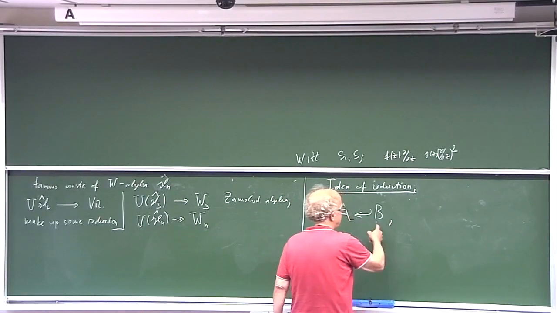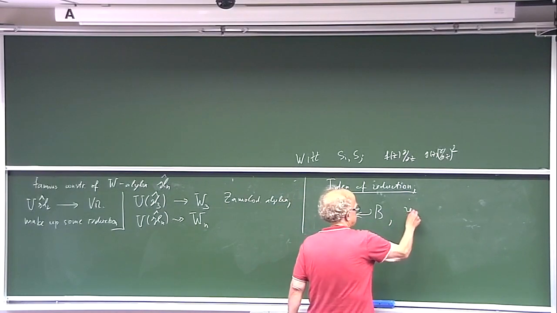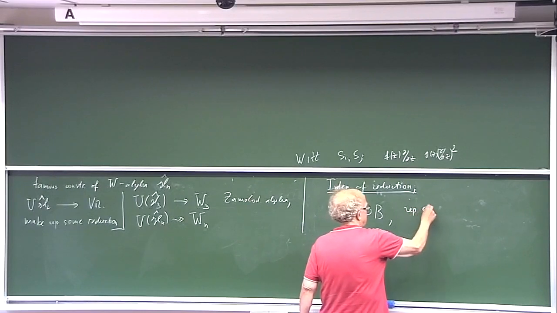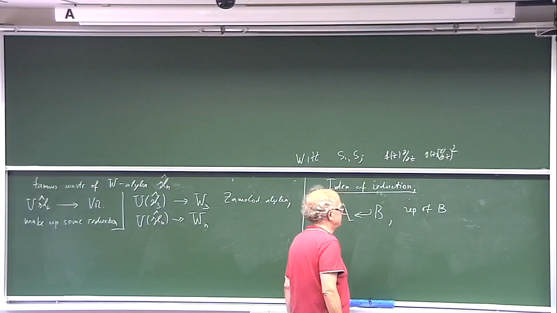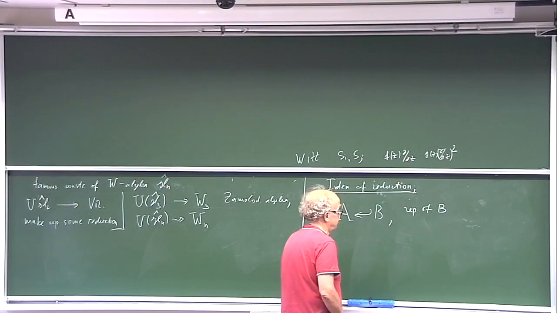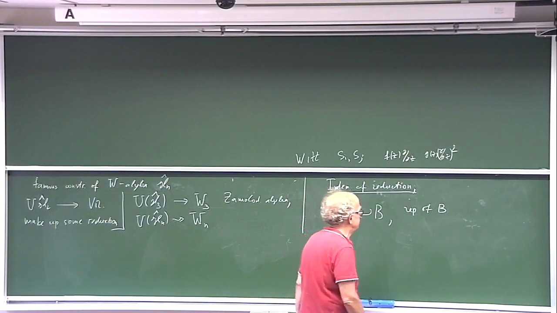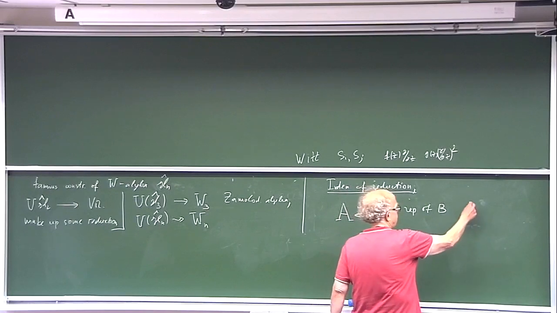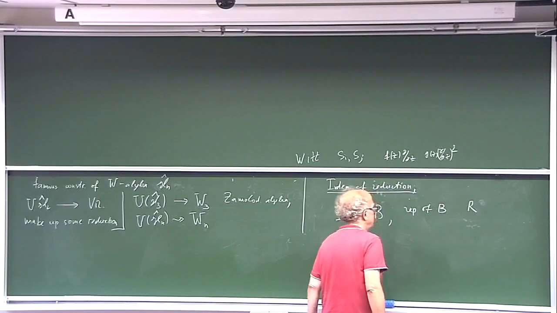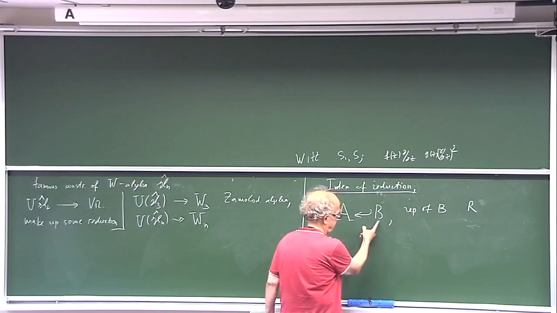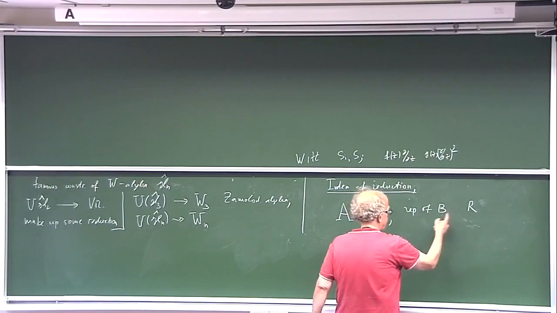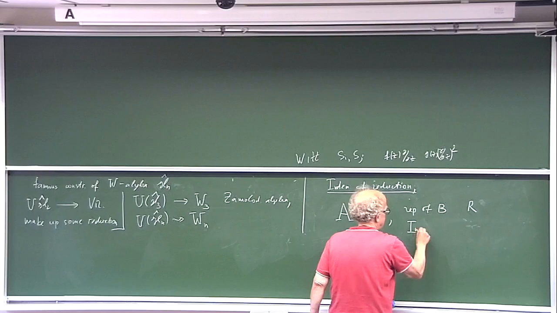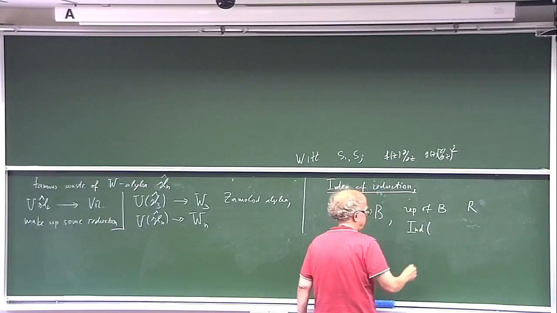Let us consider some representation of B. In the example, this representation is finite dimensional, but it is not necessary. Let us take some representation of the subalgebra B. If we have an associative algebra, a subalgebra and a representation of the subalgebra, then I can consider the induced representation.